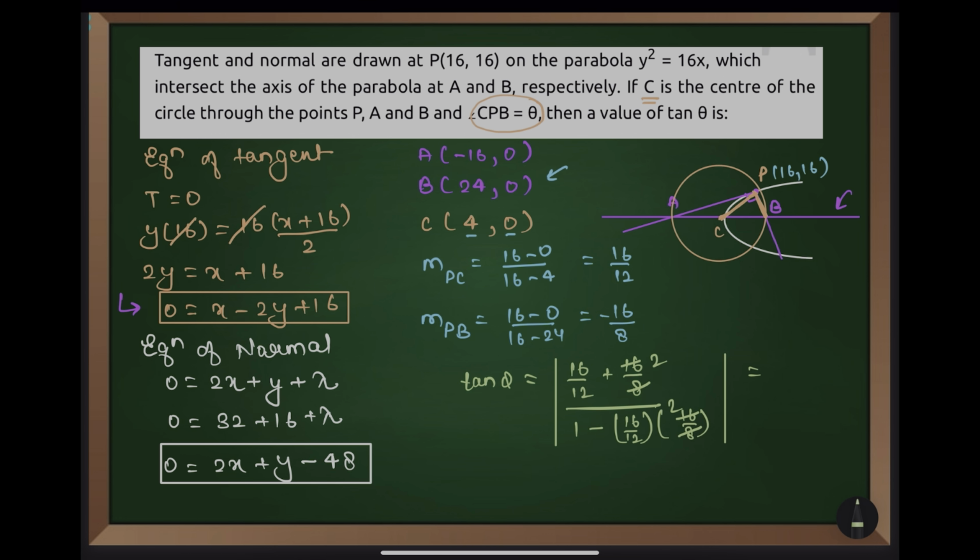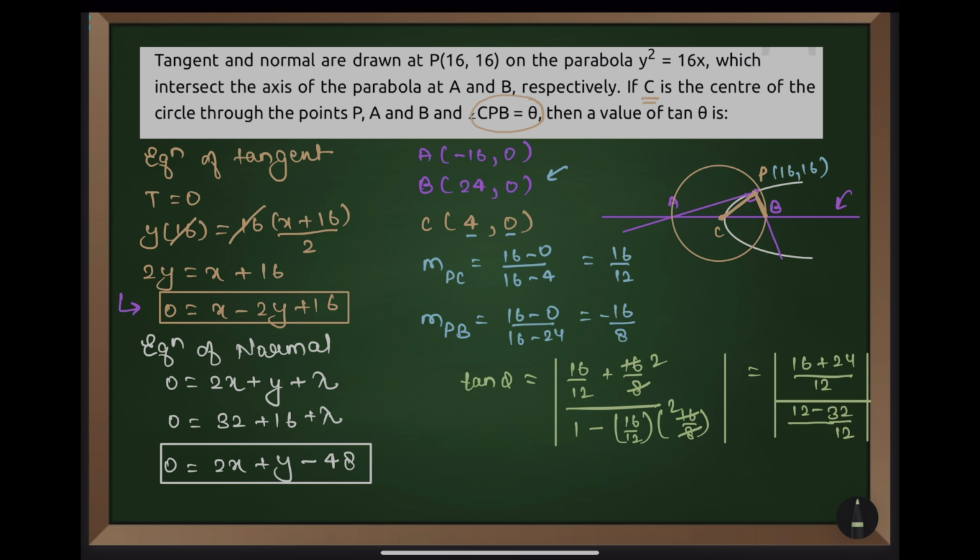So we will have 16 plus 24 by 12, by 1 minus 32 by 12. So this thing will also become 12 minus this, correct or wrong?